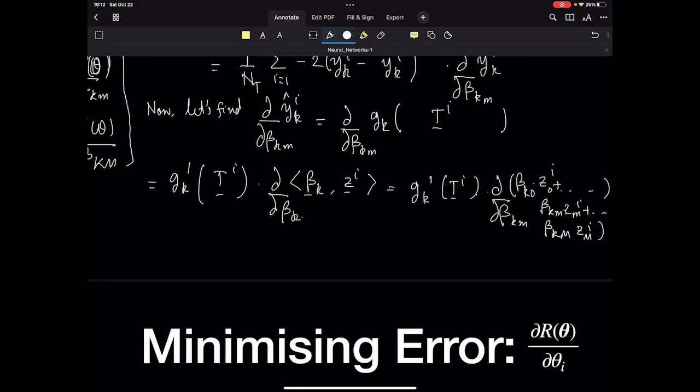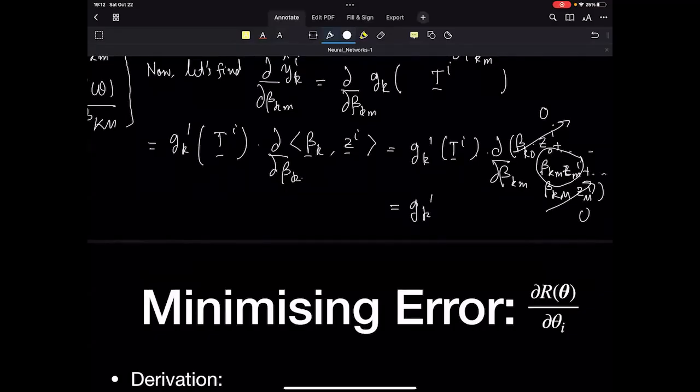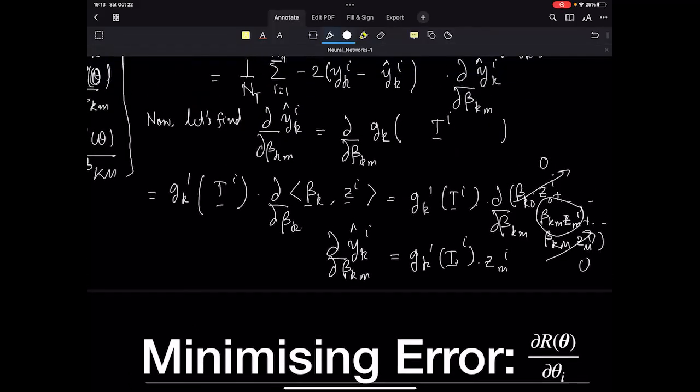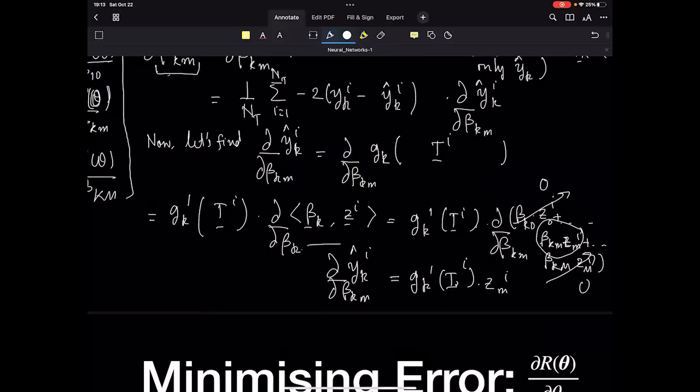So when I differentiate this expression in the bracket with respect to beta km, all the other terms become 0 because they are not dependent on beta km. The only term that has beta km is this one here. So this is going to become gk prime ti times gm. That is all that we now have. So this is the partial derivative, the final expression for the partial derivative of y hat ki with respect to beta km.